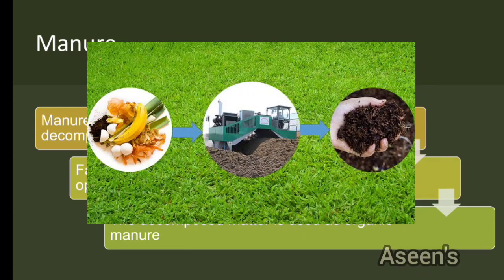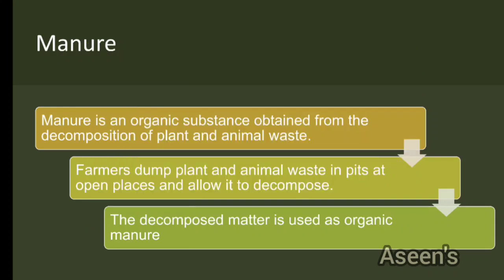These are present in open places, and he leaves them in the same manner without touching them, allowing them to decompose. No disturbance is done in between; it's just left aside. Once it is completely decomposed, the decomposed matter is used as organic manure. Furthermore, this organic manure is added to the soil, to the crops, to make it better.